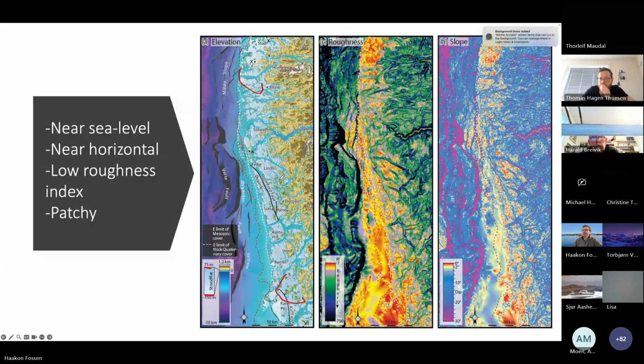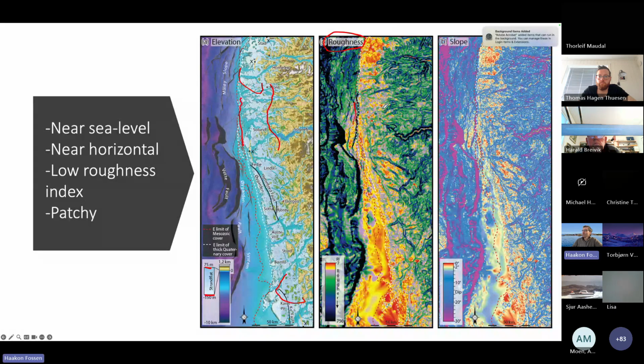And we can do objective analysis of this in terms of roughness. If we do a roughness analysis, the red warm colors indicate low roughness, so a fairly smooth landscape, and that is coincident more or less with the strandflat area.